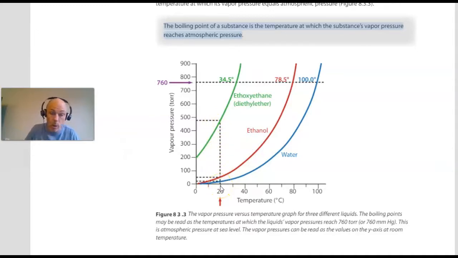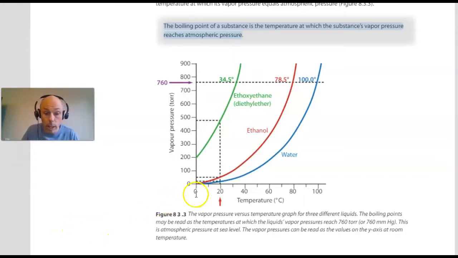Well, that's because water has stronger intermolecular forces. It has hydrogen bonding. So does ethanol, but ethanol's hydrogen bonding is weaker because there's only one hydrogen bonding region. And then diethyl ether, which is just a polar molecule, has weaker, just regular old dipole-dipole forces. So we're seeing the trend in the strength of intermolecular forces and vapor pressures being depicted here.